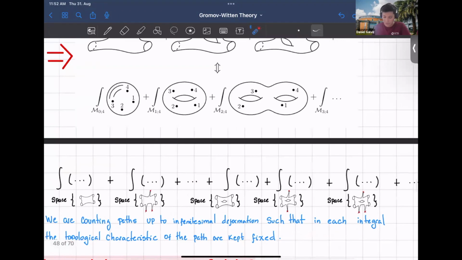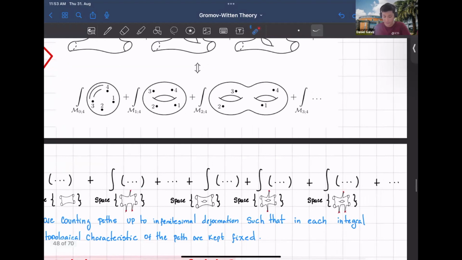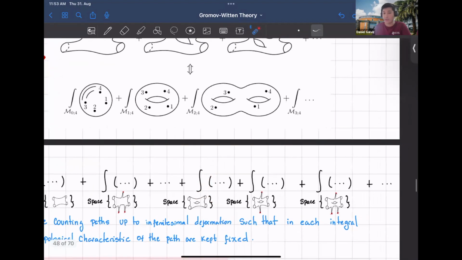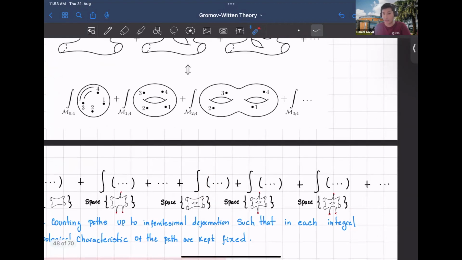Then you go to the next case, which is genus 1 with 0 marking points. And this doesn't contribute because this moduli space is not stable. So the first one to contribute at genus 1 is with 2 marking points.